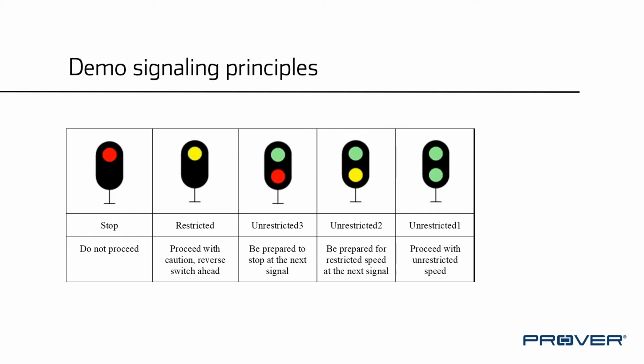Then there is a lower light that is used only when the upper one is green, and the lower light simply tells you the color of the next main signal. So it's a kind of distance signaling. Okay, very simple. As far as we know, there are no such signals in the world anywhere, but they could potentially be anywhere. So the idea is that anyone should be able to follow these principles, although no one should recognize them as their own.